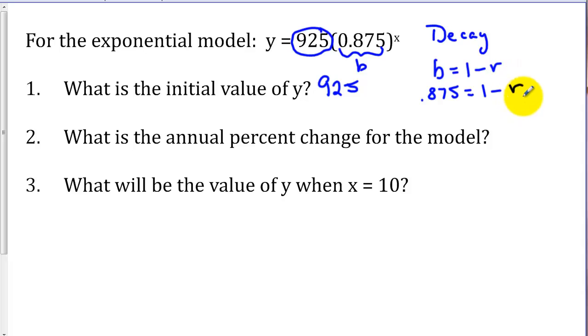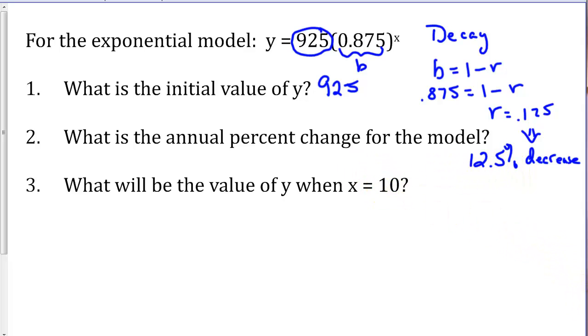So I need to know what number I would subtract from 1 to get 0.875. So that would be 0.125. So 0.875 would represent this rate as a decimal, and that is 12.5%, and it would be a decrease or a decay. So this model represents an annual, or every interval, 12.5% decrease.